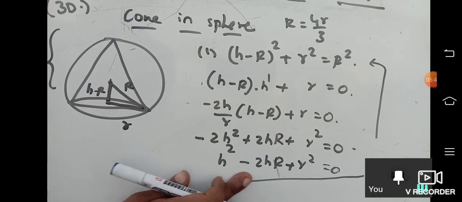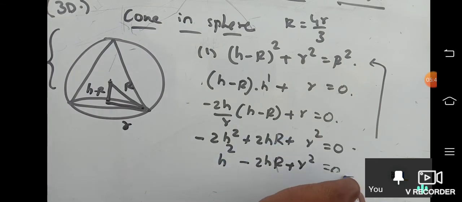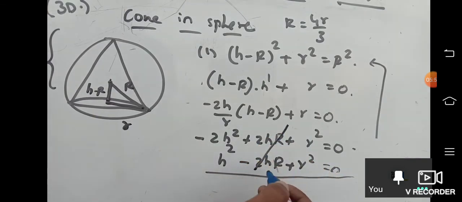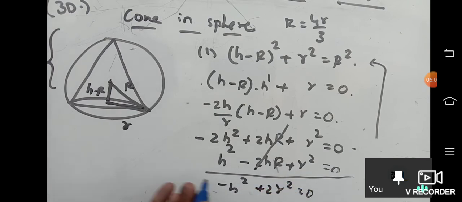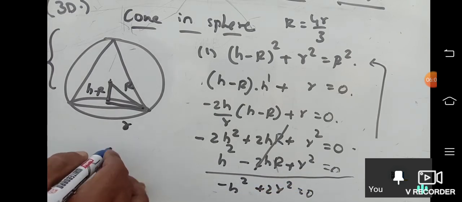If you add, what is happening? Minus h square is equal to plus 2r square is equal to 0. Okay, now again h is equal to r root only came up.